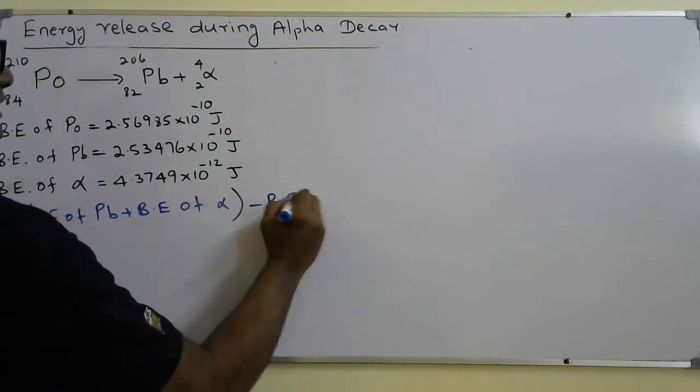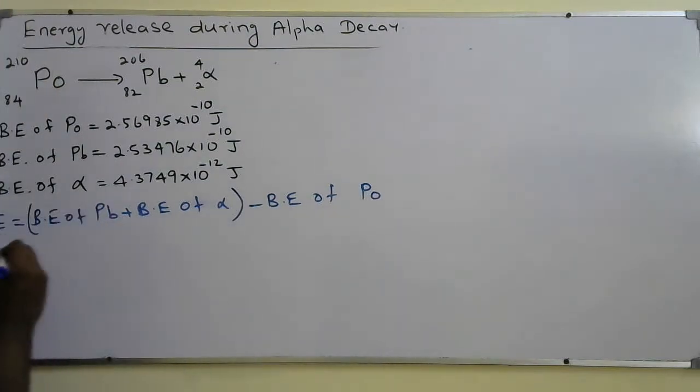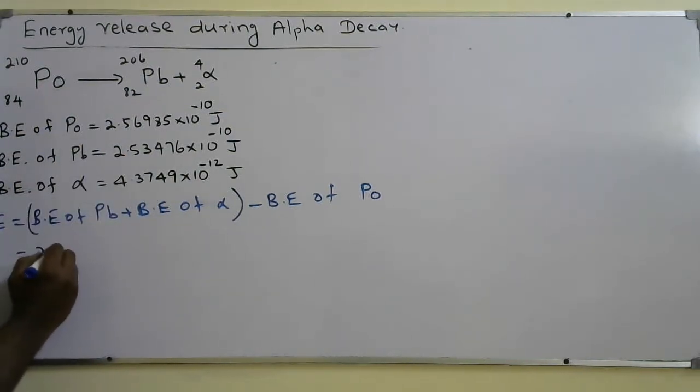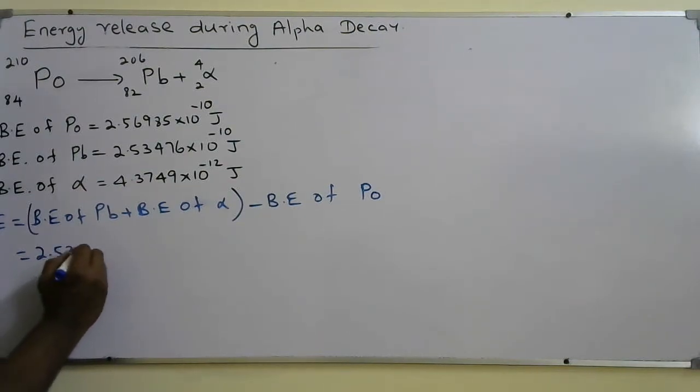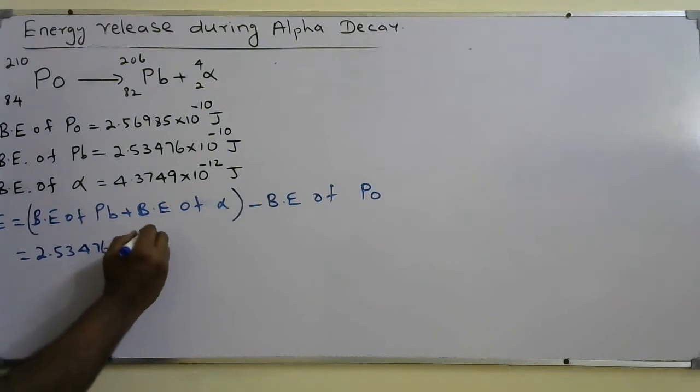Substitute the values. Binding energy of Pb is given 2.534 times 10 to the power minus 10.